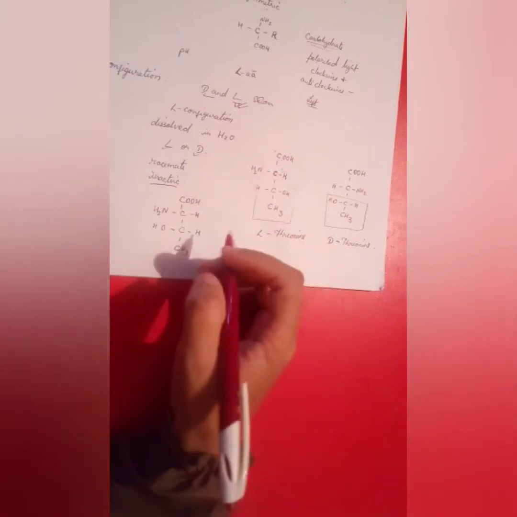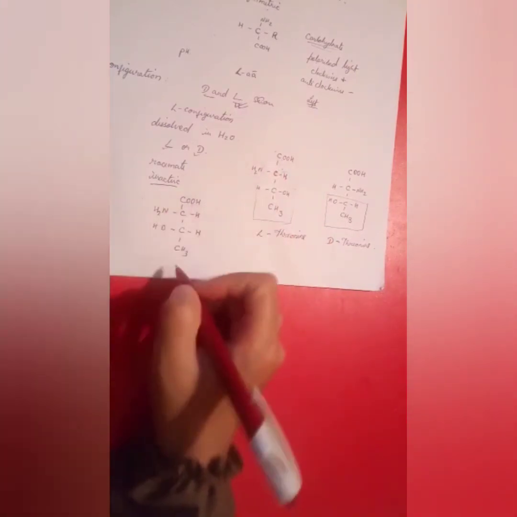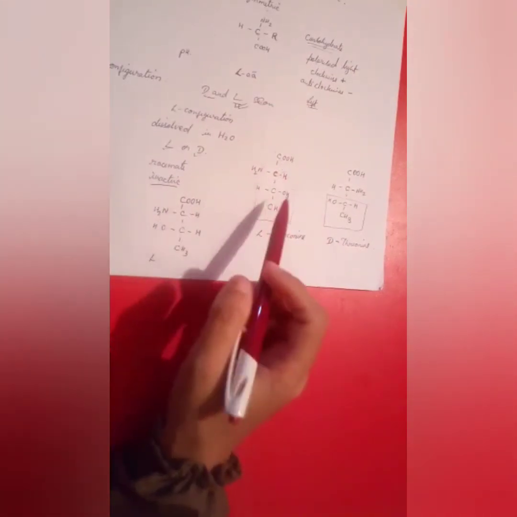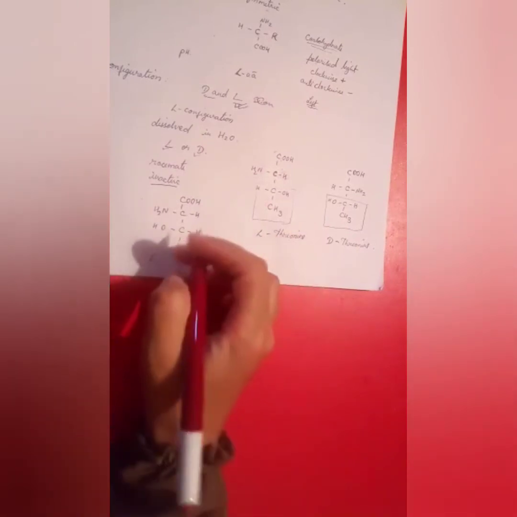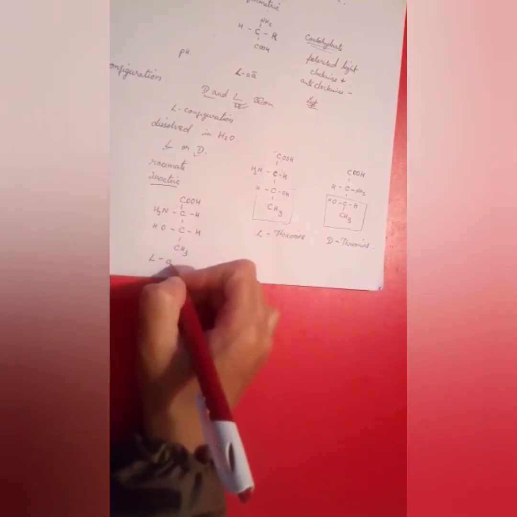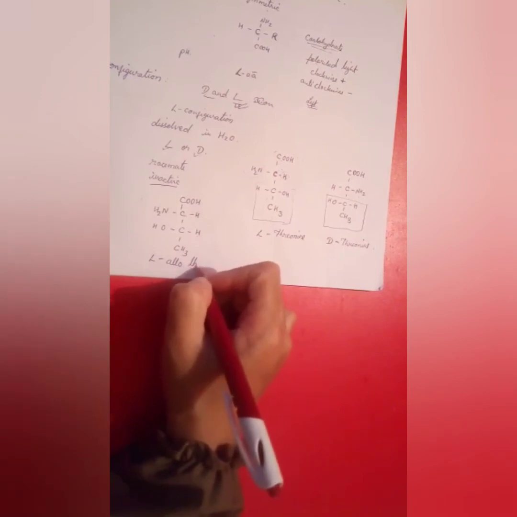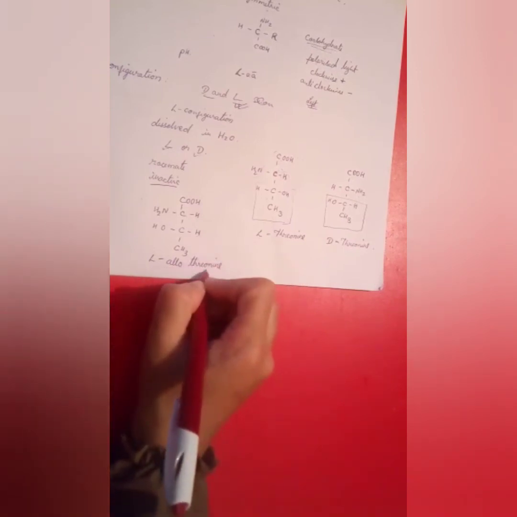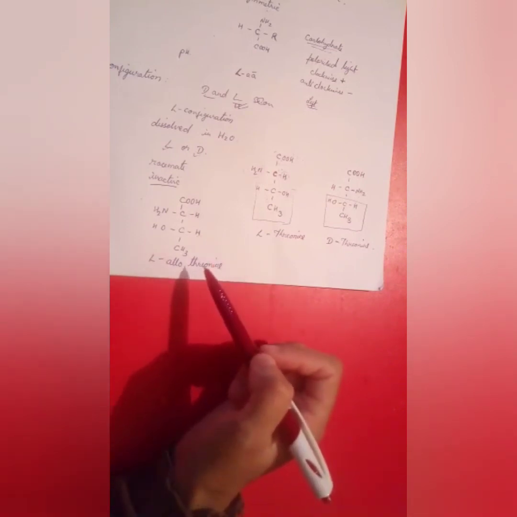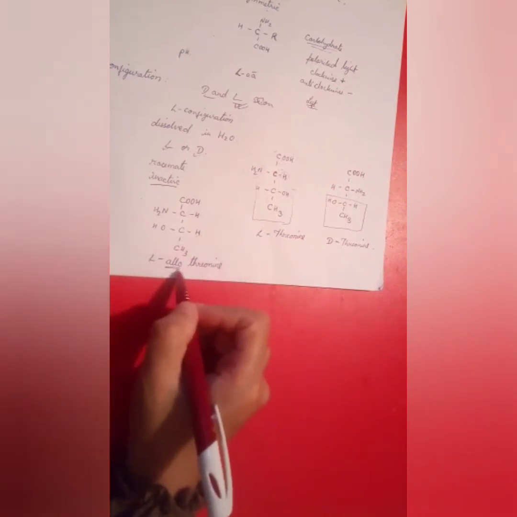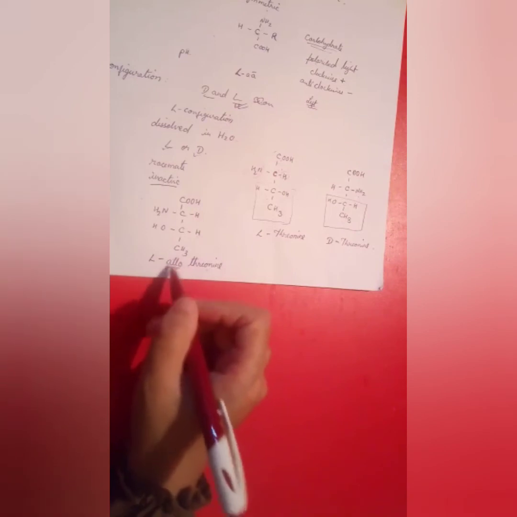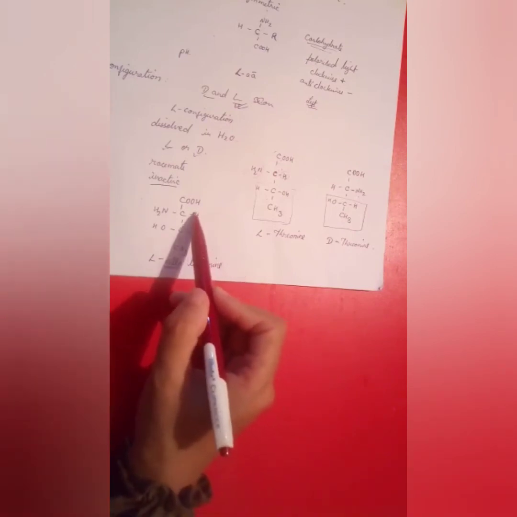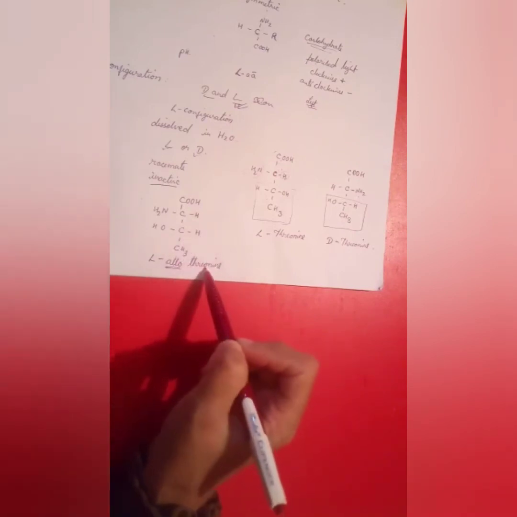So this configuration is still the L configuration, but it is referred to as allothreonine. Why? Because allo here means the groups are present on the same side. As you can see here, the hydrogens are on the same side.